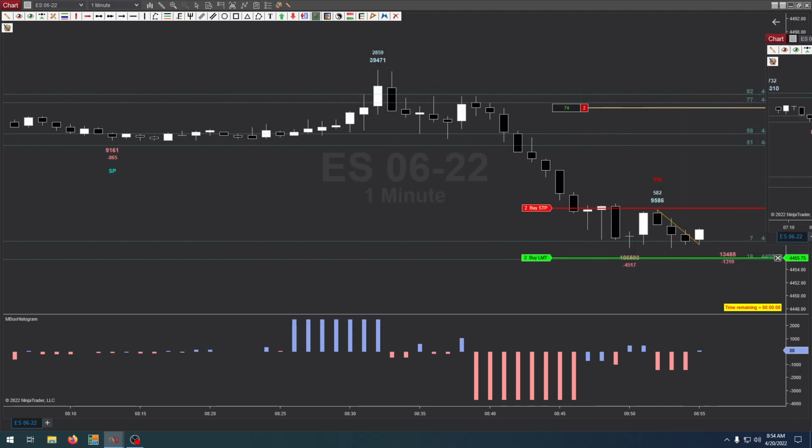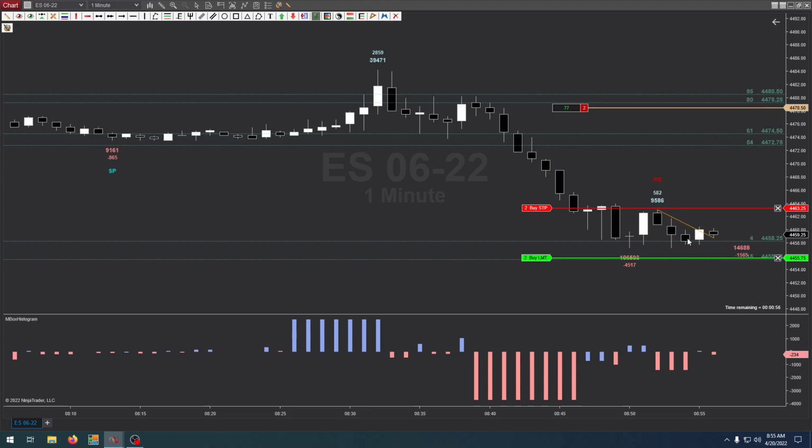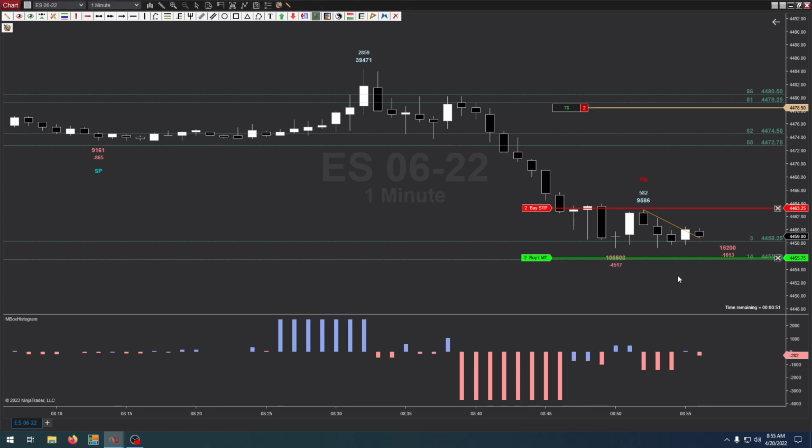And once again, I only moved my target because of the supply that was coming in during this move down. That's the only reason. We still don't have a candle closing below this level here. We haven't confirmed a swing short yet, which we're still trying to do. There is negative volume delta here, for sure. So this trade ended up being longer than I needed it to be. I really don't want to give any of this back.